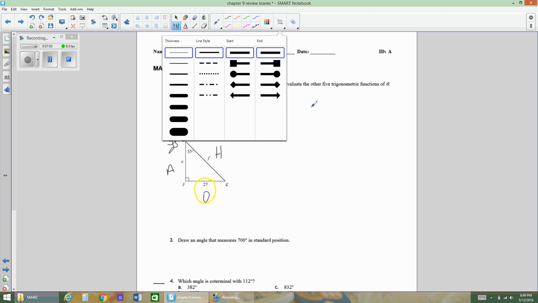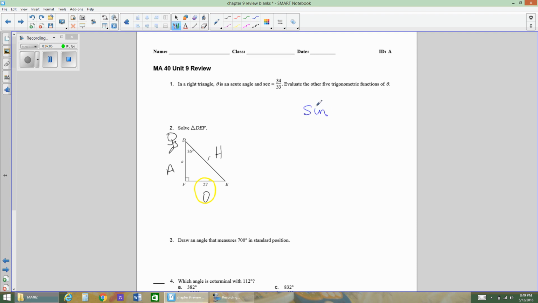Alright, so I know that the sine of 35 is equal to the opposite over the hypotenuse. So 27 over F. I'm going to multiply the F up in order to solve for it. So I get F times the sine of 35 equals 27.